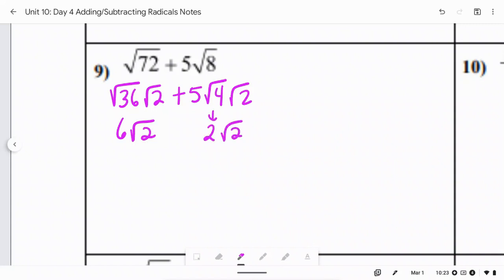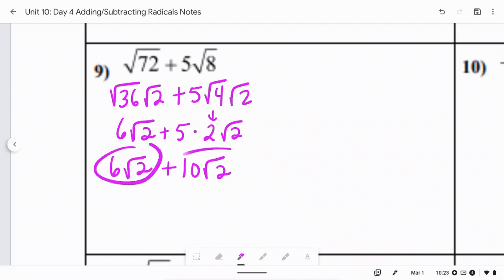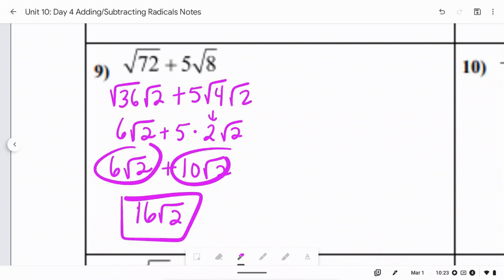And then bring down the square root 2 and multiply it by that 5 that's in front. So I end up getting 10 square root 2. And then I'm going to bring down the plus 6 square root 2. Now that they have the same number under the radical, now I can combine them because they are like terms. So I would get 16 square root 2 as my final answer for number 9.